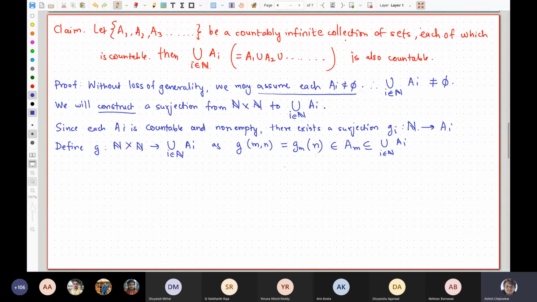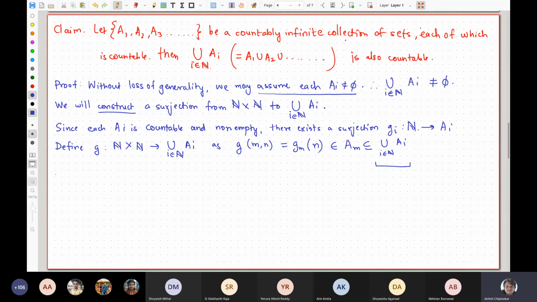So we want to prove that this is a surjection, which means we want to show that for any element of this union, it has a pre-image, at least one pre-image. It could have more.